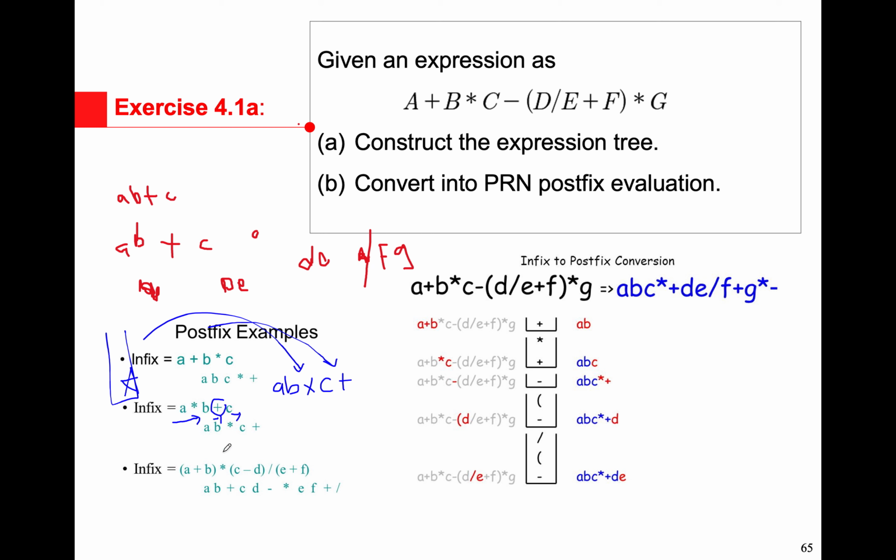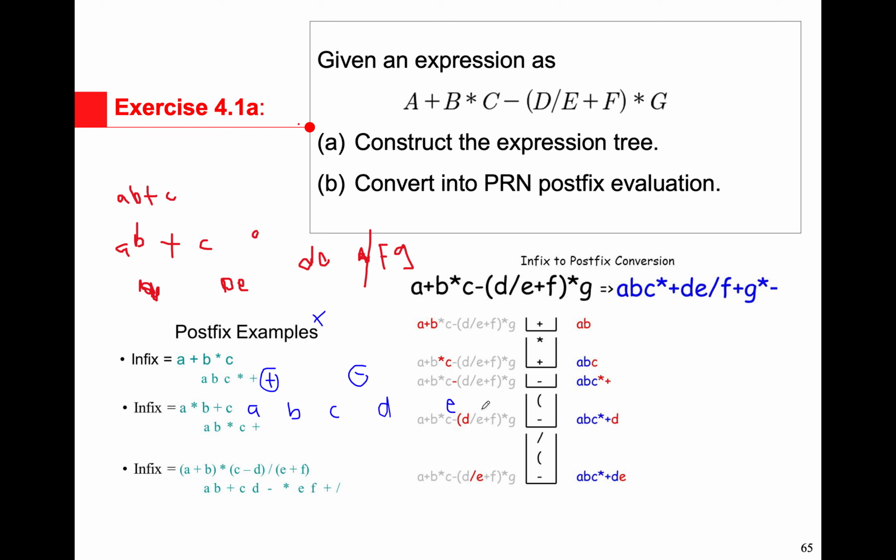The third example, you have bracket, bracket, bracket. So you're going to come out with a kind of tree. A plus B. Then you have another bracket, C minus D. In between you have multiplication parents, and you have another bracket.